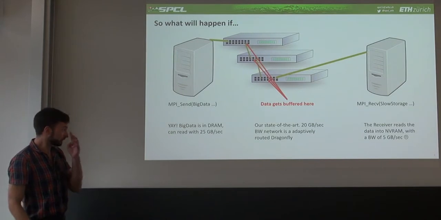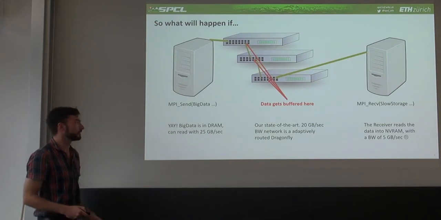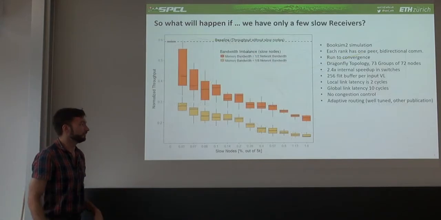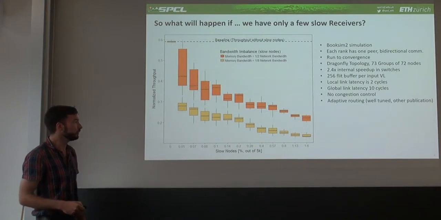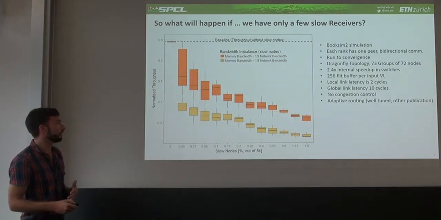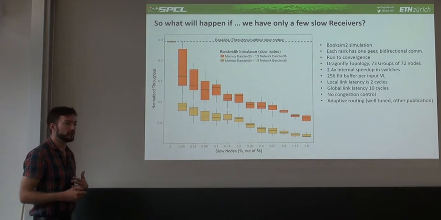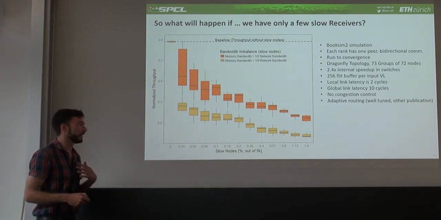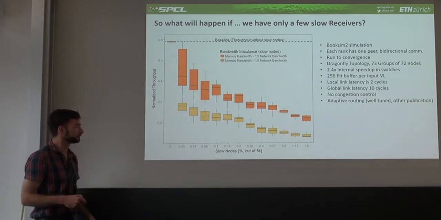So what happens if in a network such as this Dragonfly, we have a few of such cases of slow receivers? Of course, we try to minimize this number, but still we expect this to happen sometimes.